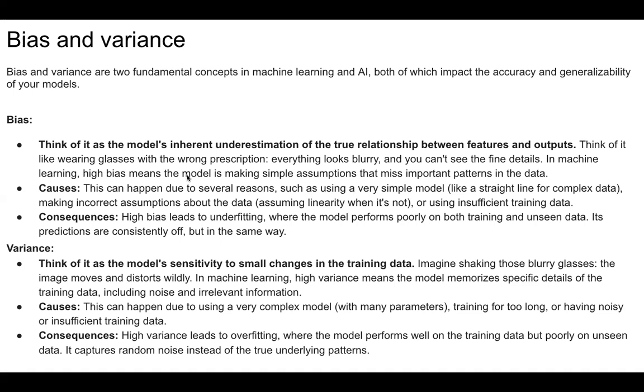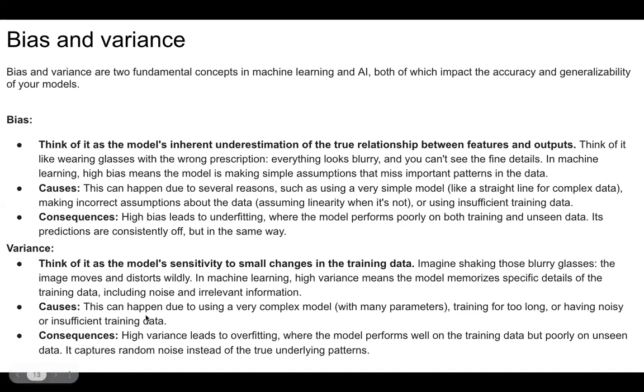So there is too much noise in the data, too much irrelevant information. Things that are not needed, you're still giving it. That is the cause of the variance. So what is the cause? It can happen due to a very complex model, many parameters that you don't need, training for too long, or having noise or insufficient training data.